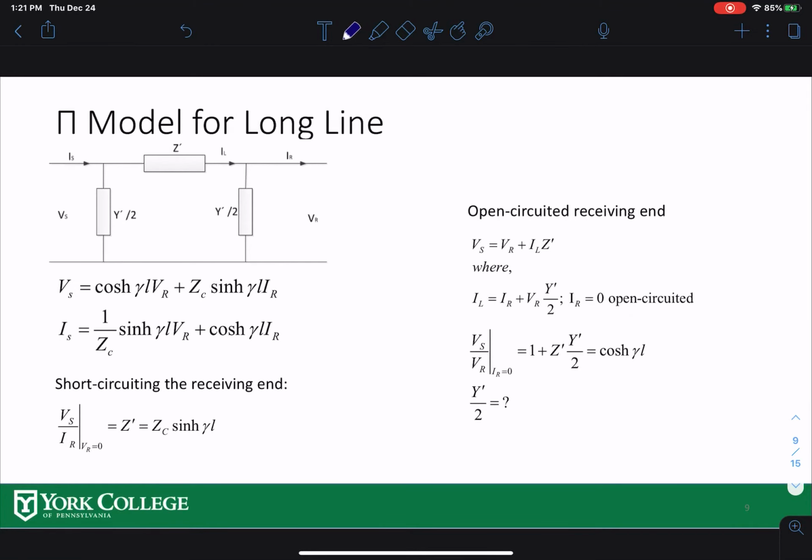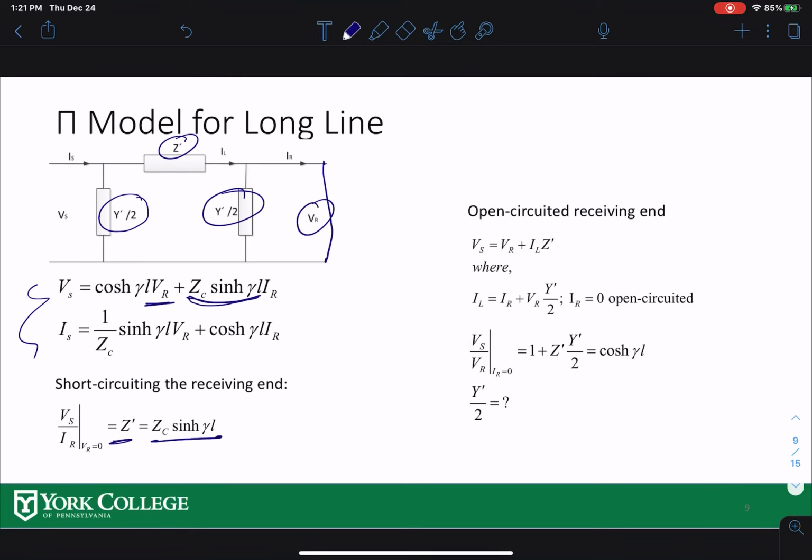So the pi model for the long line model. We're defining prime over here to distinguish it from your medium line model. If you have a short circuit test, that means you make the short circuit over here, so VR would be 0, right? If VR is 0, then comparing to the pi model, your Z prime becomes Zc sine hyperbolic gamma L. So that's the short circuit.